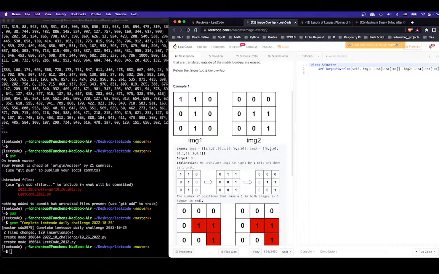So basically, what are all the possible moves? If we can go through all possible moves, then we can always find the largest. And how do we find all possible moves? Well, when we move it outside, that would be 0, right?